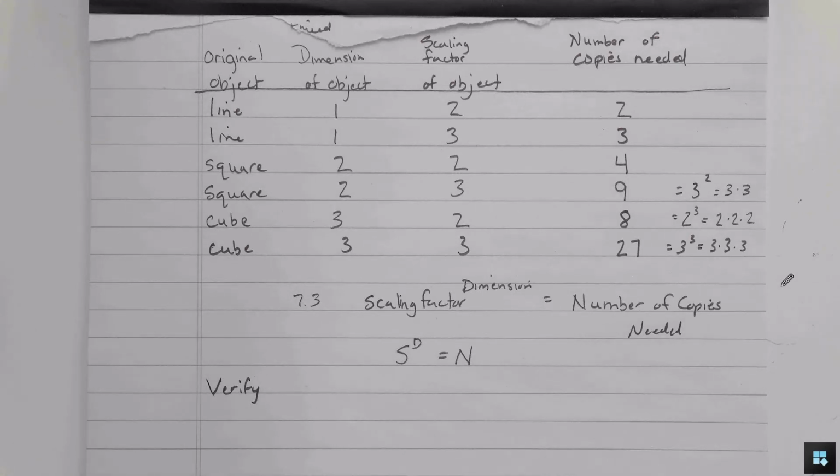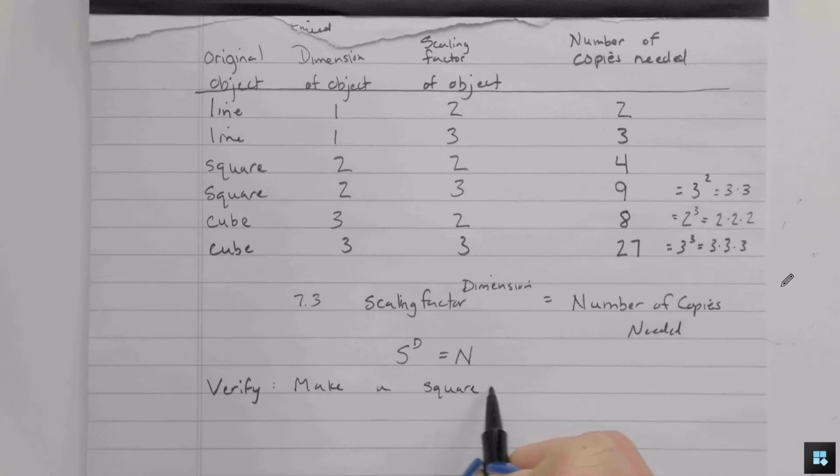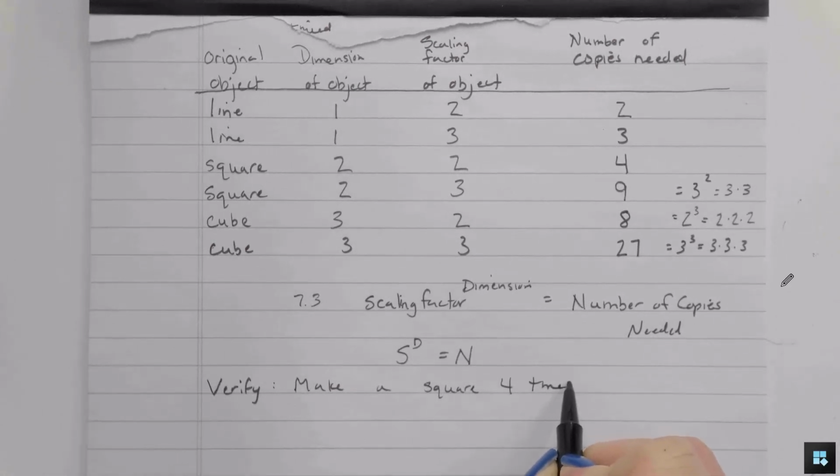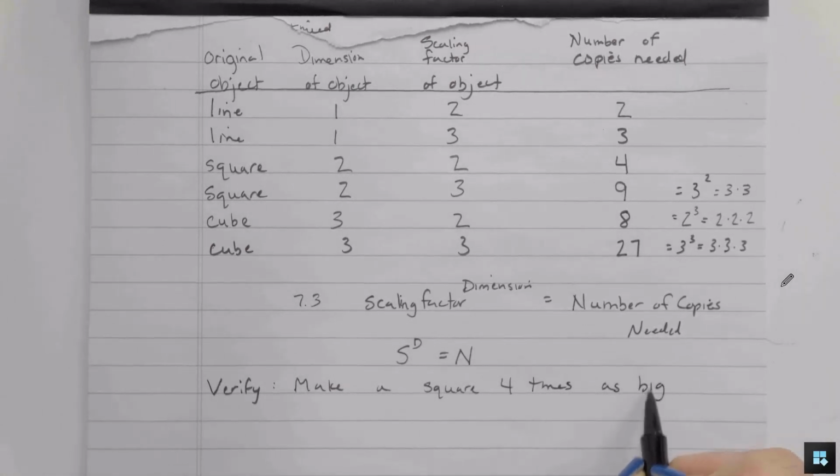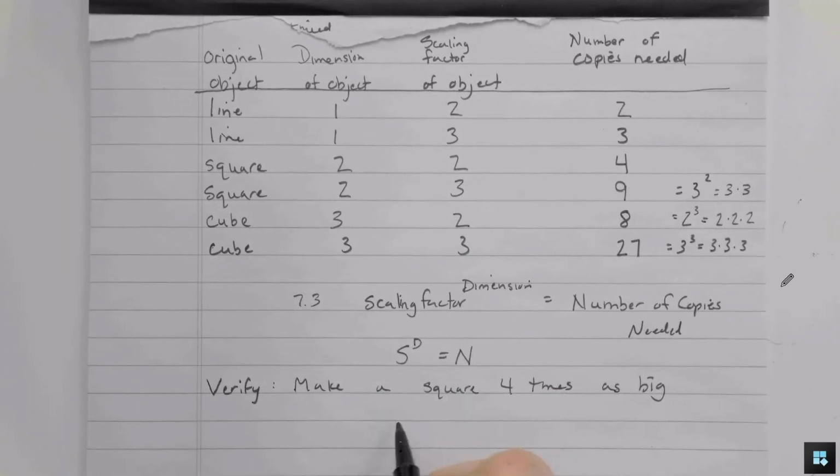Let's just verify that this is true. We'll verify that this is going to work by picking a square and making it 4 times as big. So if we make a square 4 times as big, we should be able to predict how many copies we need. So the scaling factor is the 4.